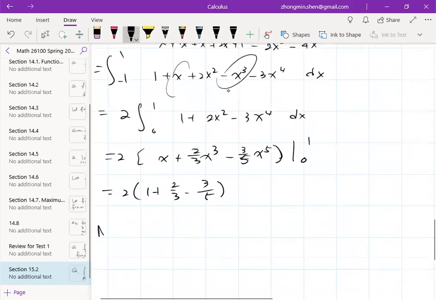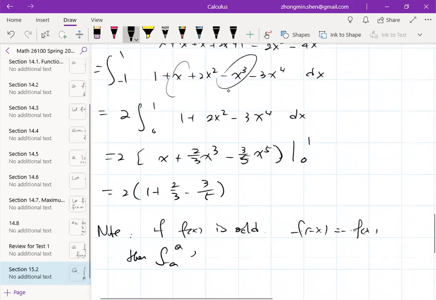Here's a note. If f of x is odd, that means f of negative x equals negative f of x, then the integral from negative a to positive a must be 0.